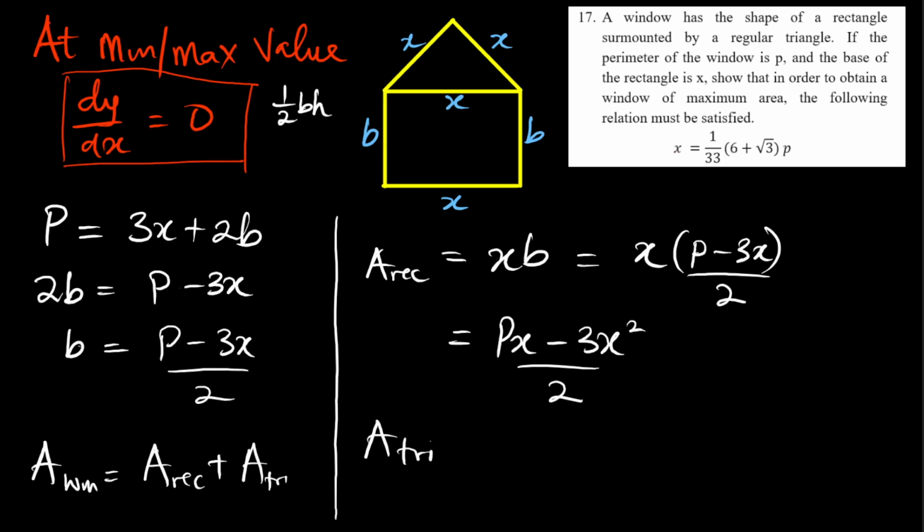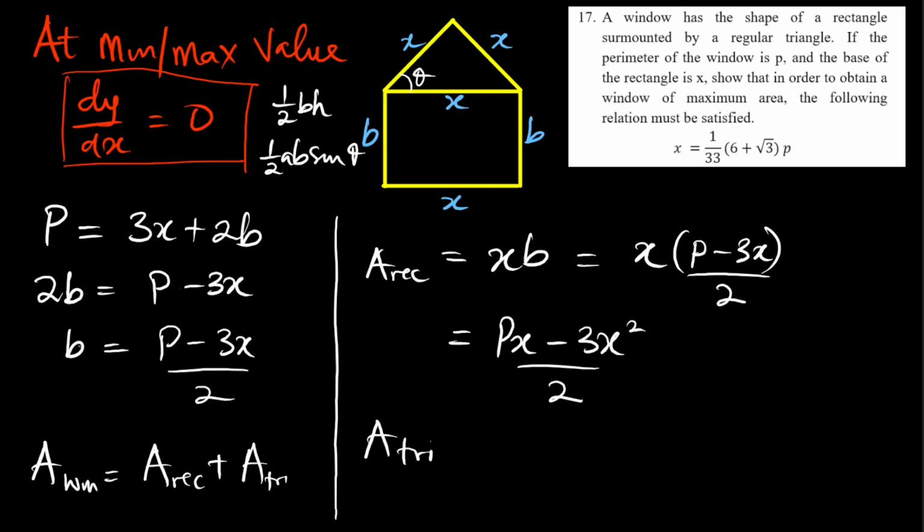But we have another formula, which is 1 over 2 AB sine theta, where theta is the angle between the two sides A and B. If I apply this formula, my A is X and my B is still X. At the end of the day, theta is 60 degrees because all the sides are equal. This is an equilateral triangle, 60, 60, 60.